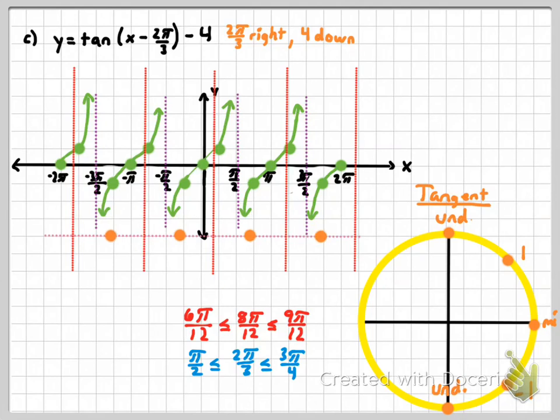And then when you're a fourth of the way through the cycle, you know you're one lower than that. So that could be right here, right there, right there, right there. And when you're 3/4 of the way through the cycle, you know you're 1 unit above the central value.